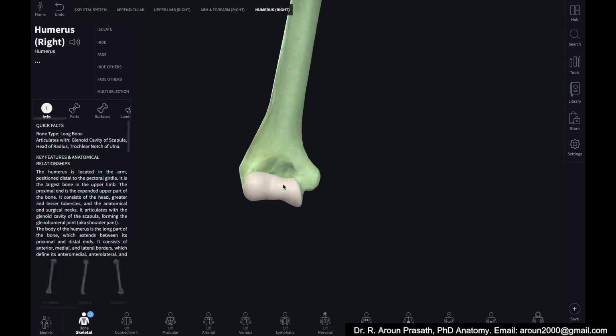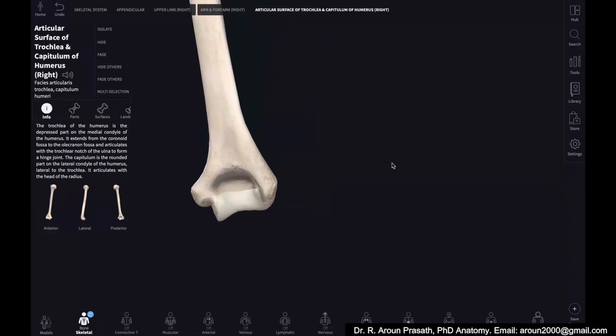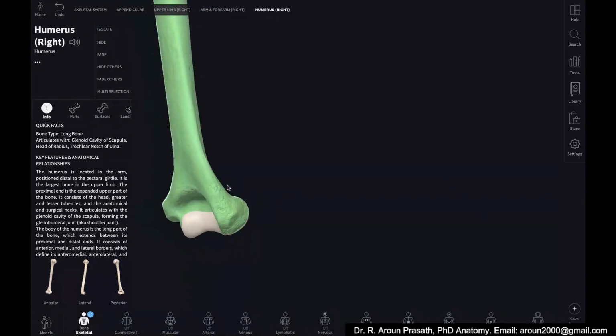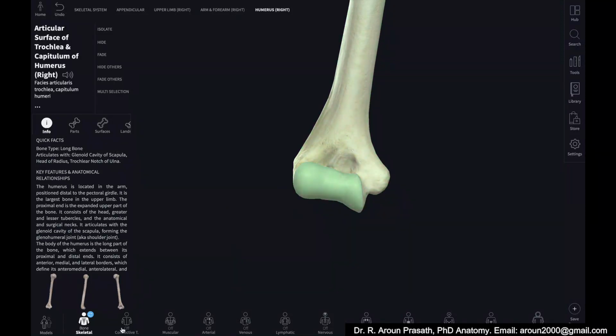On the posterior aspect there is a big fossa, called the olecranon fossa. The olecranon process of the ulna comes and locks in this pit during extension. Now let's see what happens to this fossa during flexion and extension.